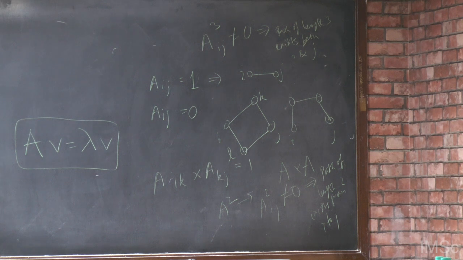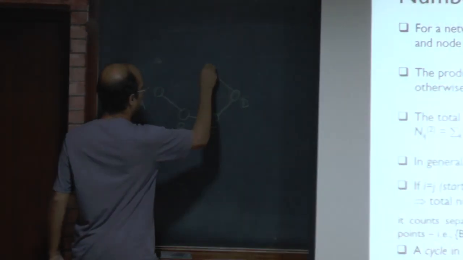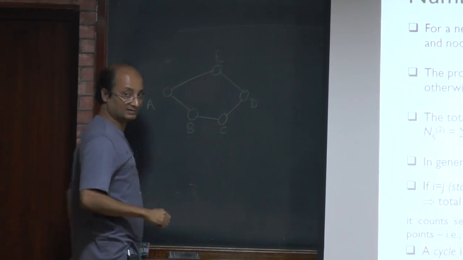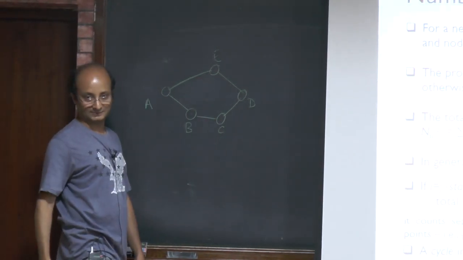So this also helps me to count the total number of cycles in the network. Why? So what are cycles? Cycles mean that you start from a node and then, following some path, you actually come back. So basically you have a closed loop in the system.